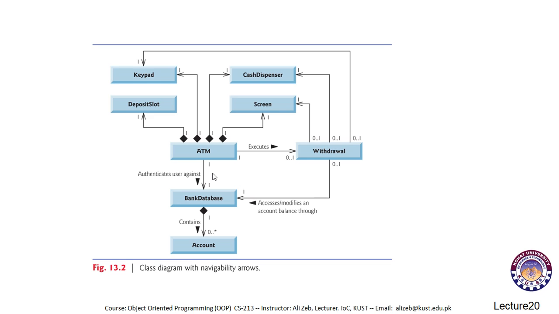You can see that the ATM will have a reference to the deposit slot, an object of the keypad class, an object of the cash dispenser class, and an object of the screen class. Similarly, it will have an object of the withdrawal class, possibly of the database class, and the database class will have an object of the account class, and the withdrawal class may have a reference to the bank database. So these arrows show us the kind of references that we'll need from one class into another class.